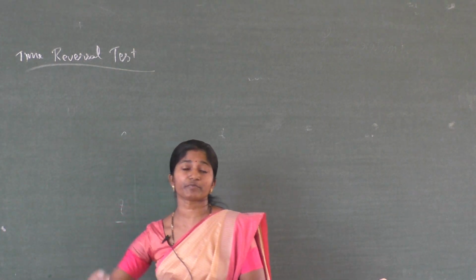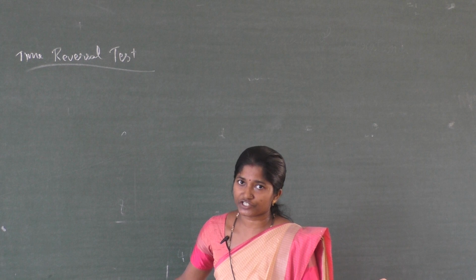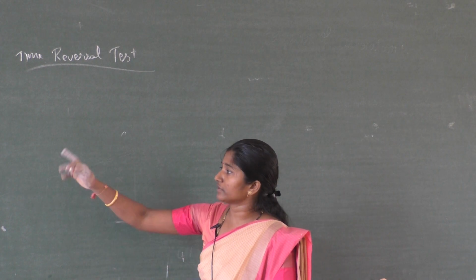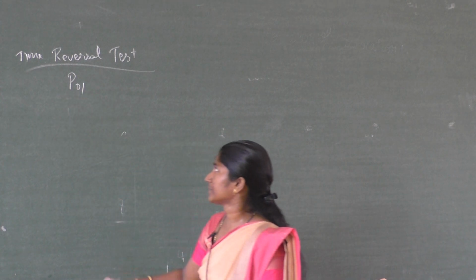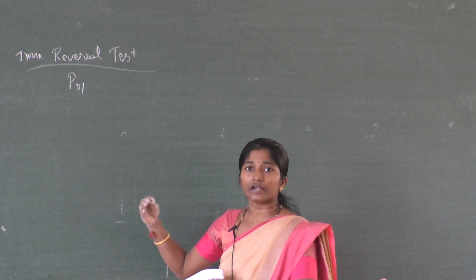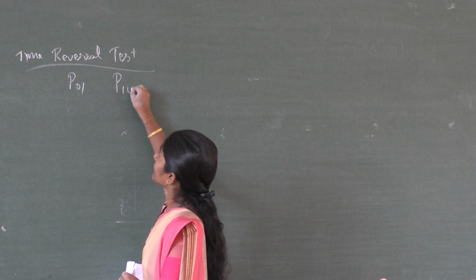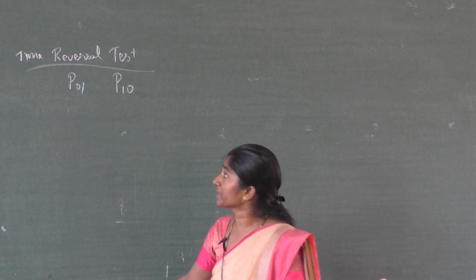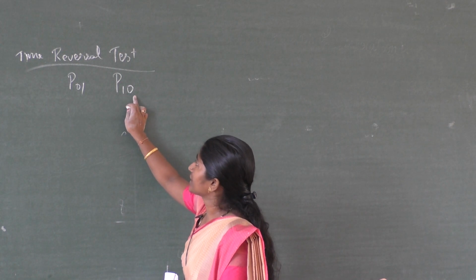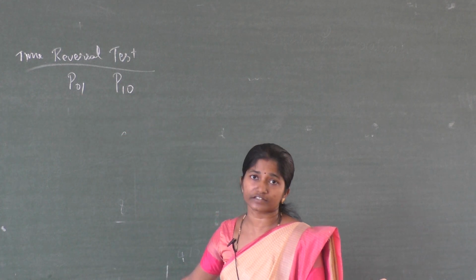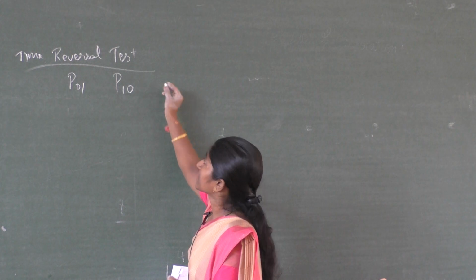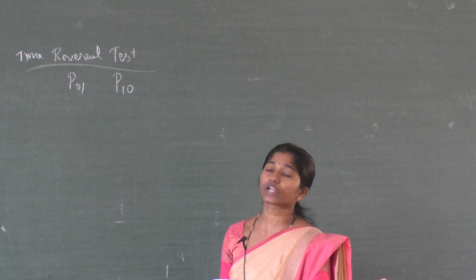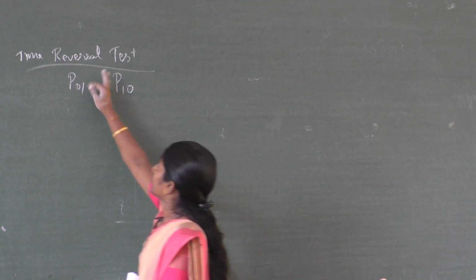This was suggested by Professor Irving Fisher, and he told about the time reversal test that there is an index number P01, and another index number P10, where we interchange base and current, that will be the reciprocal of the earlier.